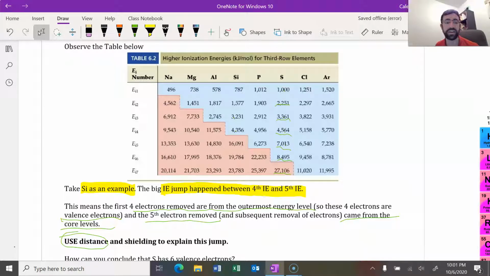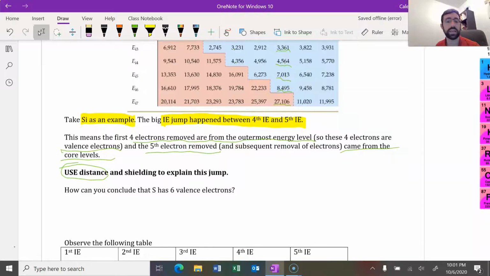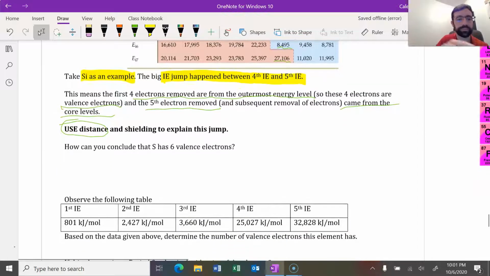So the 7th ionization energy is extremely high.